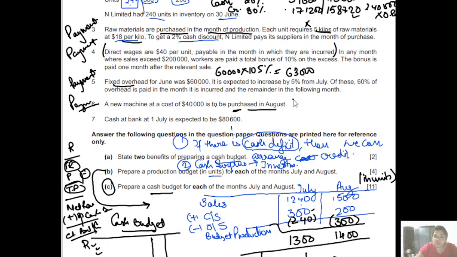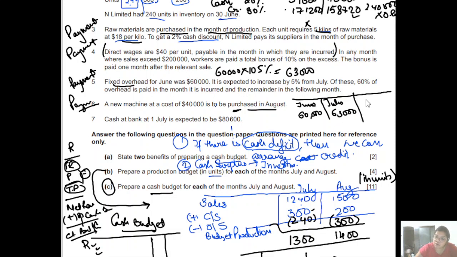So it is clearly stated here, in the month of June the fixed overhead is 60,000. In the month of July it increased by 5%, that means 63,000.